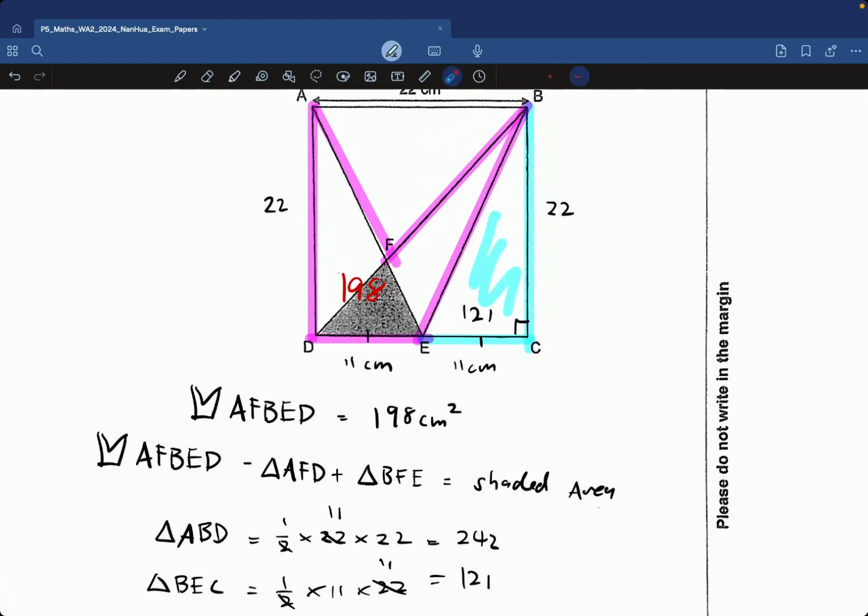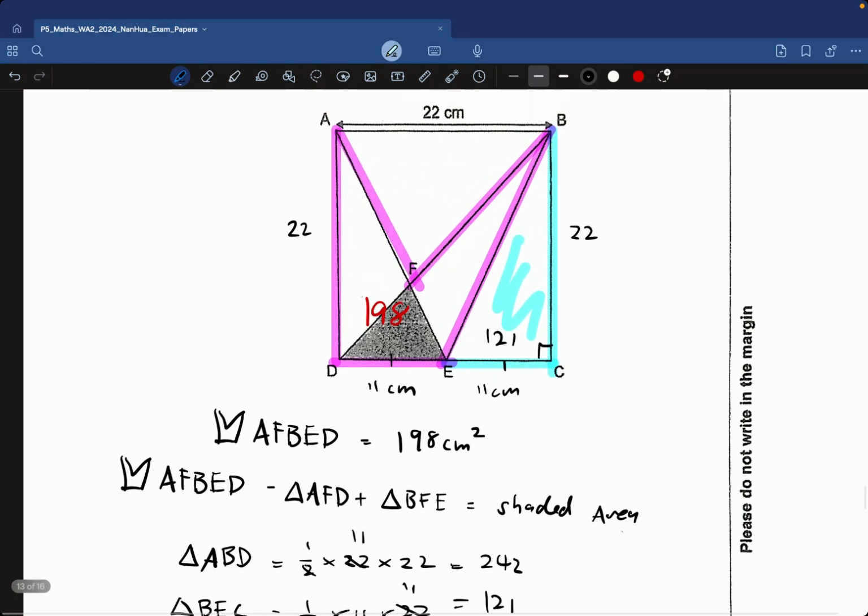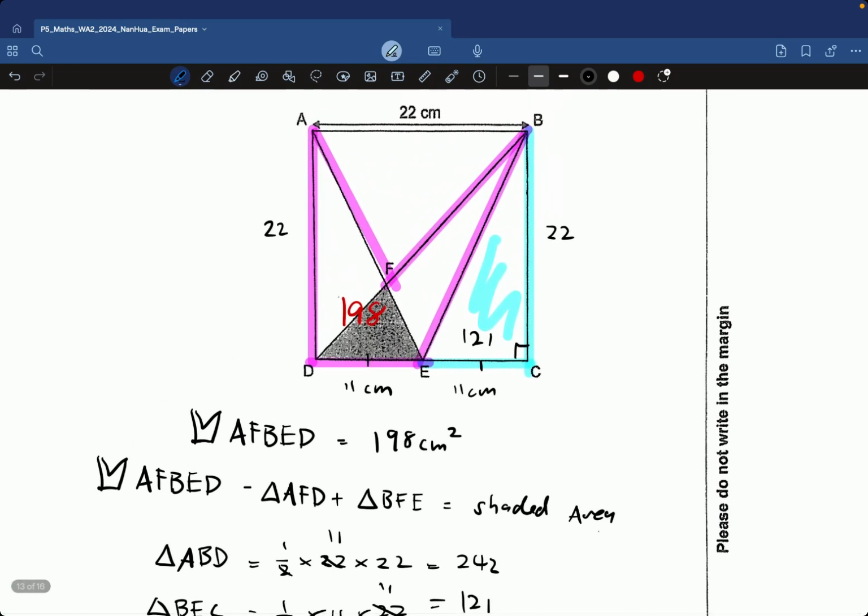And we know that this figure over here is 198. Then we can get finally this triangle, right? So this triangle AFB. To get this AFB over here, we need to get the whole of the square minus the highlighted blue plus the highlighted purple.